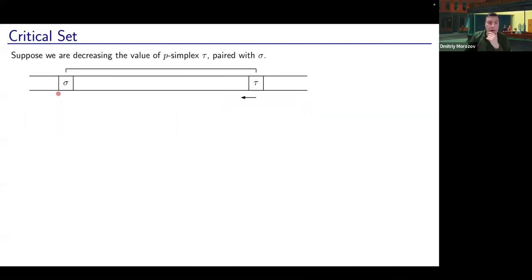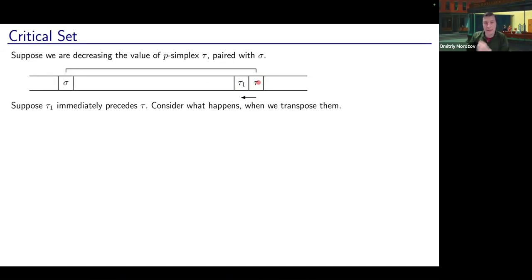Well, I want to think of the filtration as just the ordering of simplices. I have my simplex sigma that created the cycle. I have my simplex tau that destroyed the cycle. And now suppose that I want to cancel this pair by moving tau towards sigma. Well, if I start performing this, what I have to understand is what happens if I transpose tau with the simplex that immediately precedes it.